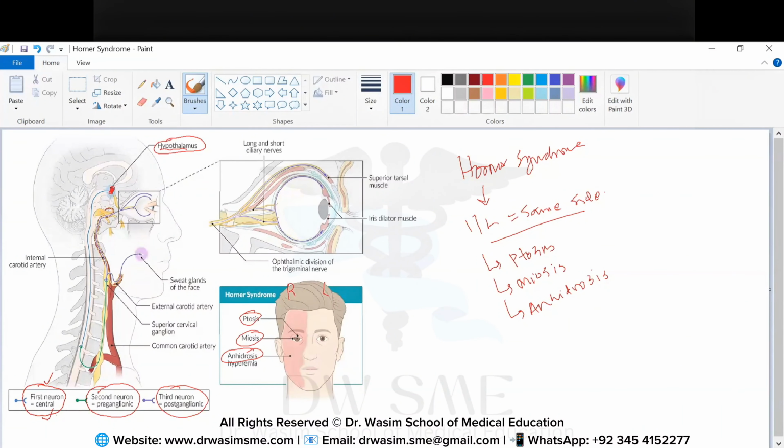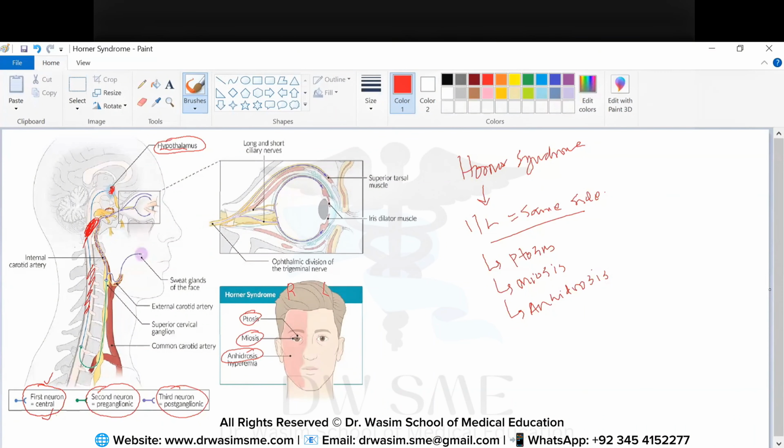The second thing is if there is a lesion in this first neuron. So what are the possibilities? One possibility is brainstem stroke. If there is a stroke in this brainstem, it may affect the first neuron or the central neurons, and it may cause Horner syndrome. The second thing is if there is injury in the cervical region, it may cause Horner syndrome.